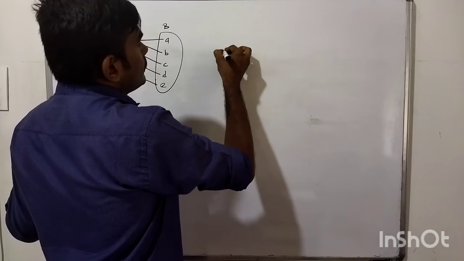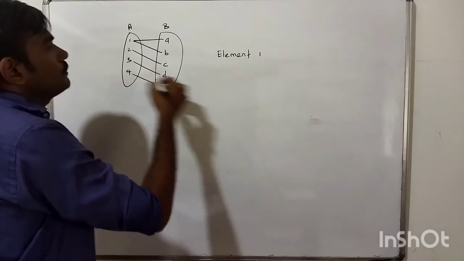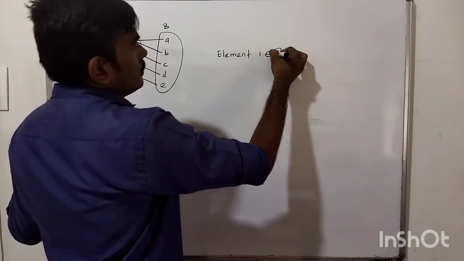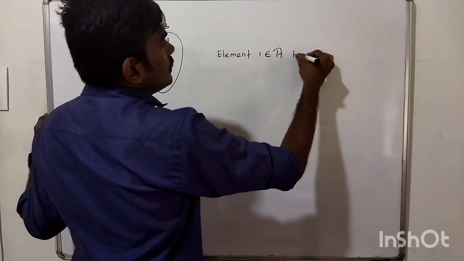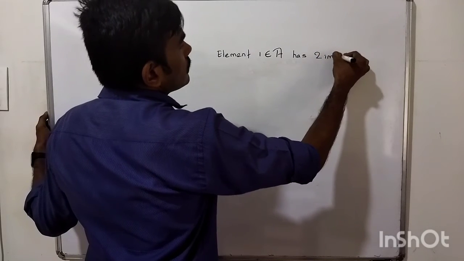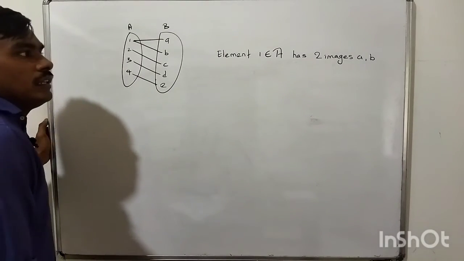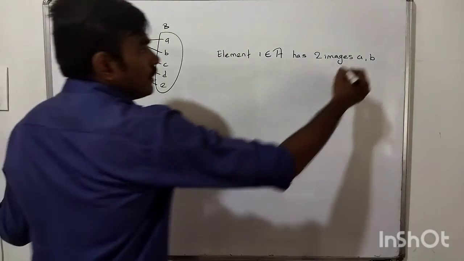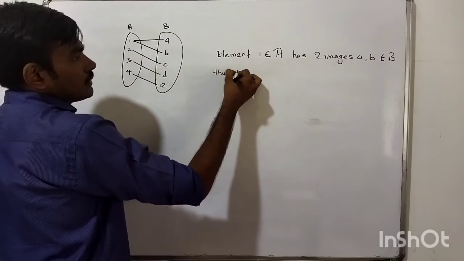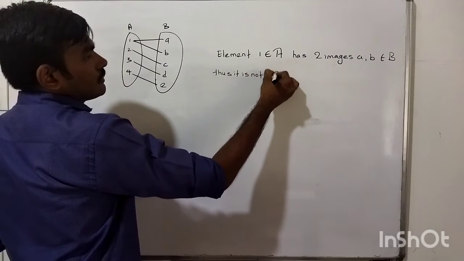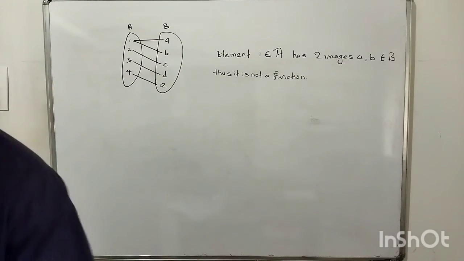The reason is that element 1 belongs to the first set, set A, and has two images in the second set, set B. Thus it is not a function, because element 1 has two images.